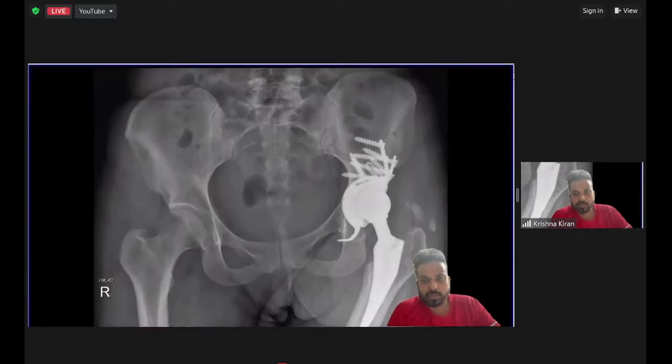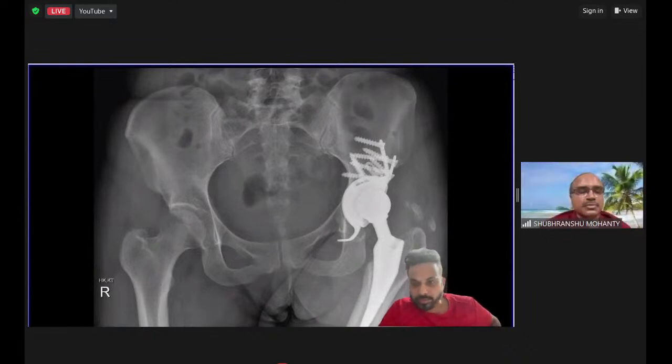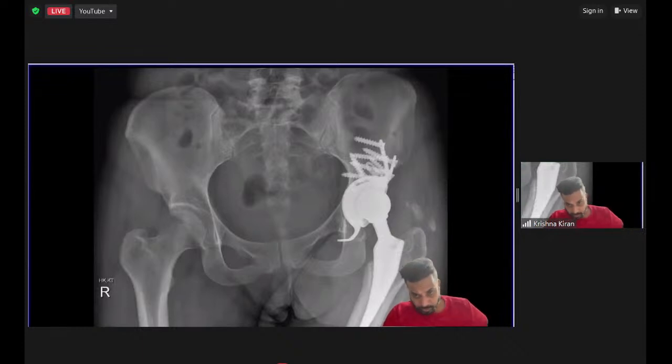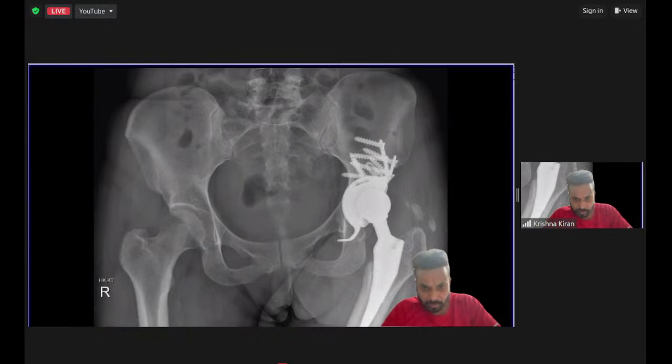This is the revision, the stage at which she presented to me, and she didn't have previous x-rays. She had undergone an isolated cup revision, and the leg appeared to be longer.